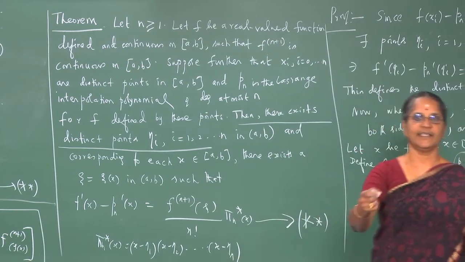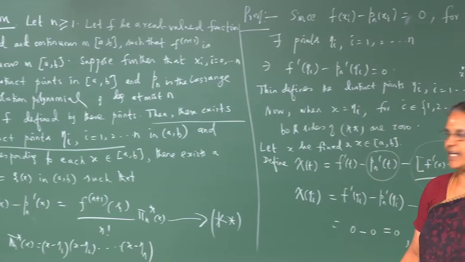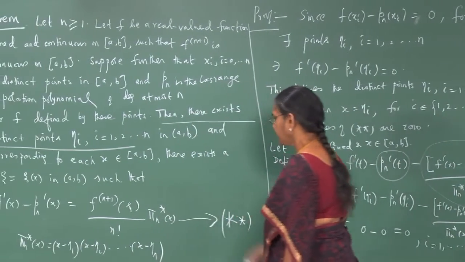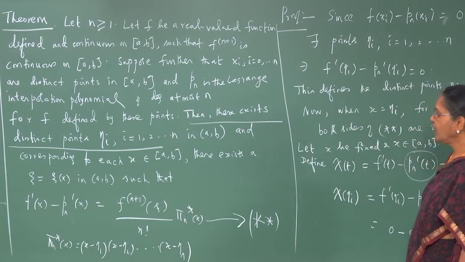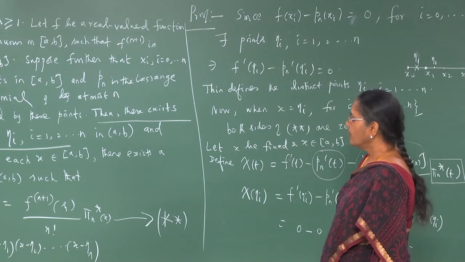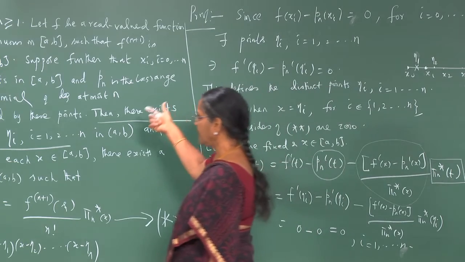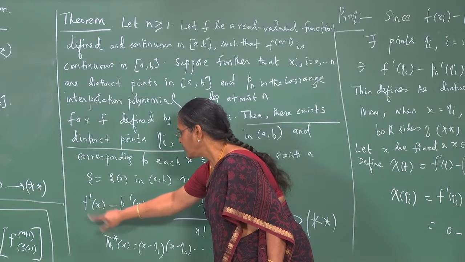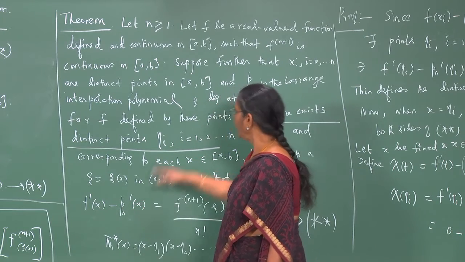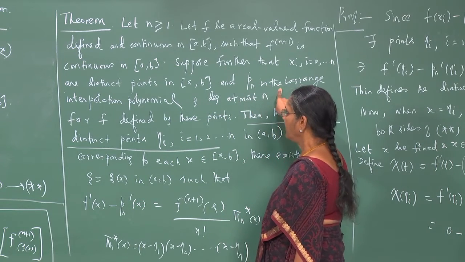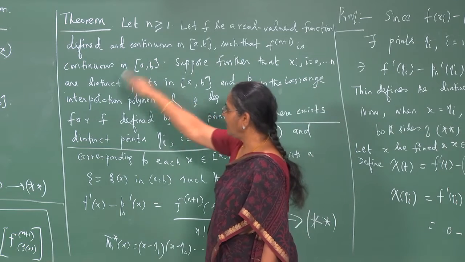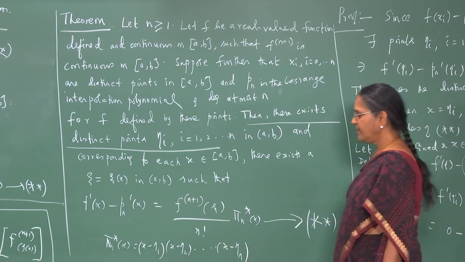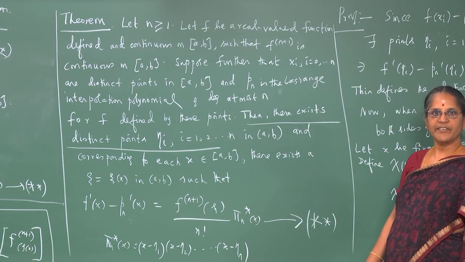There exist distinct points eta 1, eta 2 etc. eta n in the open interval (a, b) such that this happens. That is what the result says. So, this tells us that the derivative of the function f can be reconstructed by the derivative of the Lagrange polynomial that reconstructed the function f at a certain set of distinct points. That is the information obtained from this result.